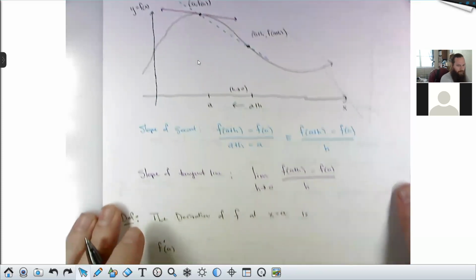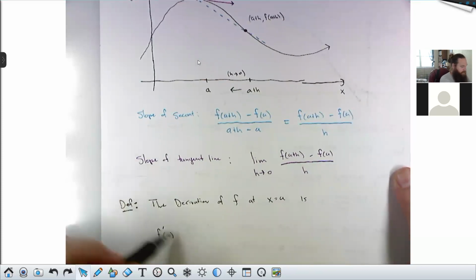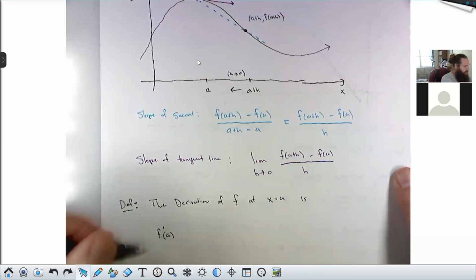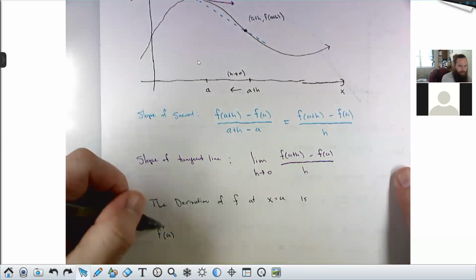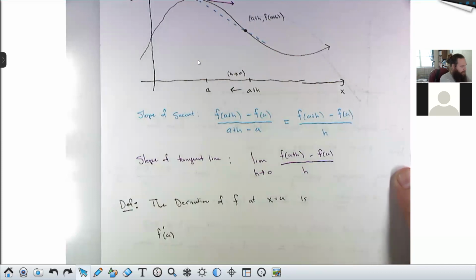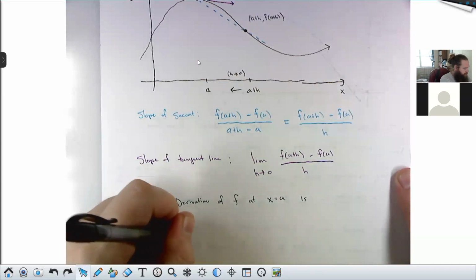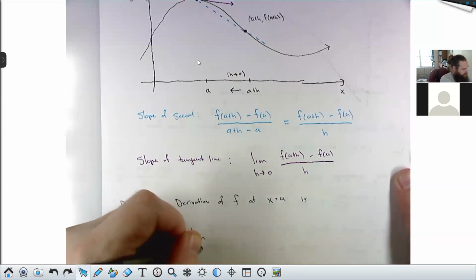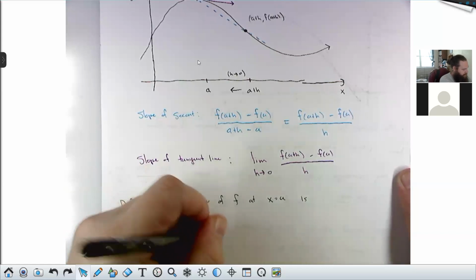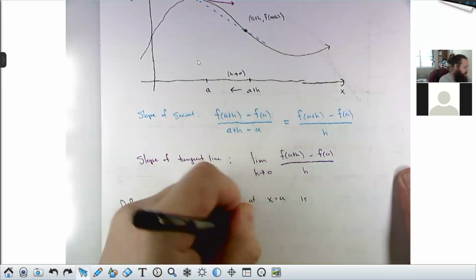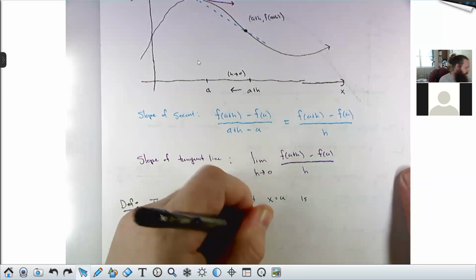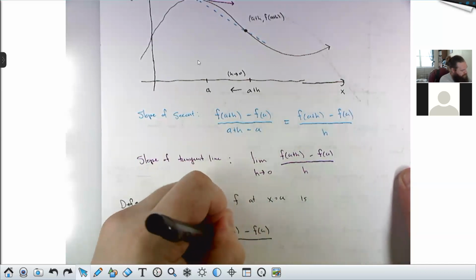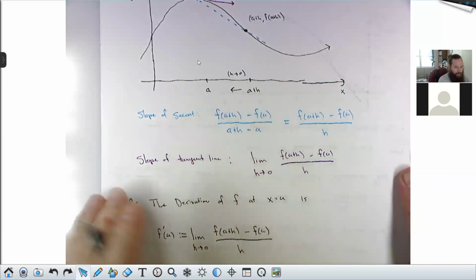So here's the notation we use, or at least the notation I'll be using at the start: this prime notation. This little apostrophe mark here is read as the word prime. And it is, by definition, the limit as h goes to 0 of f of a plus h minus f of a, divided by h.